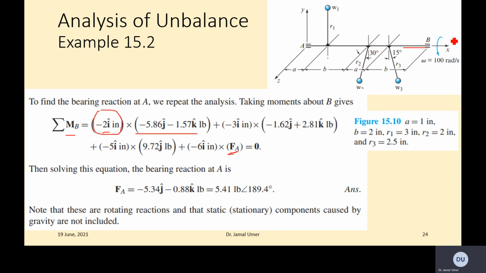So for W3 across this distance, so this distance is in negative x direction, so that's why it's a minus 3i. And then same way, you have FB, which is now already determined.